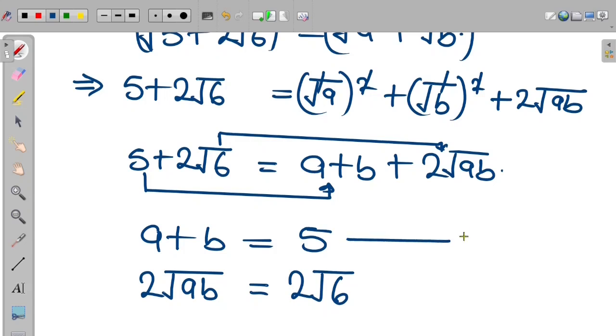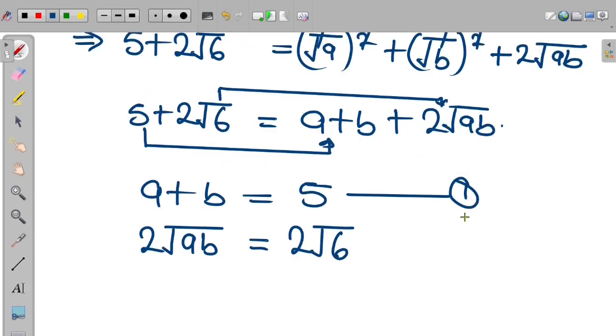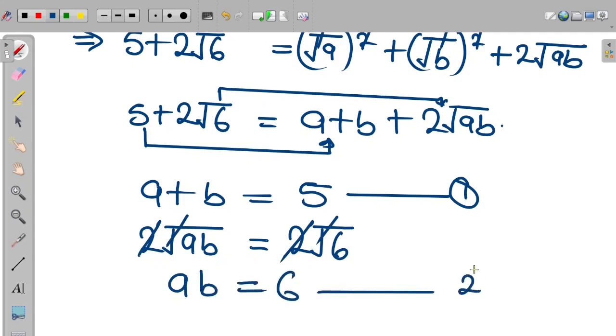Let's call the first equation 1. Now, the 2 can cancel the 2 and the root can cancel the root. So we have that AB is equal to 6. Let's call this equation 2.